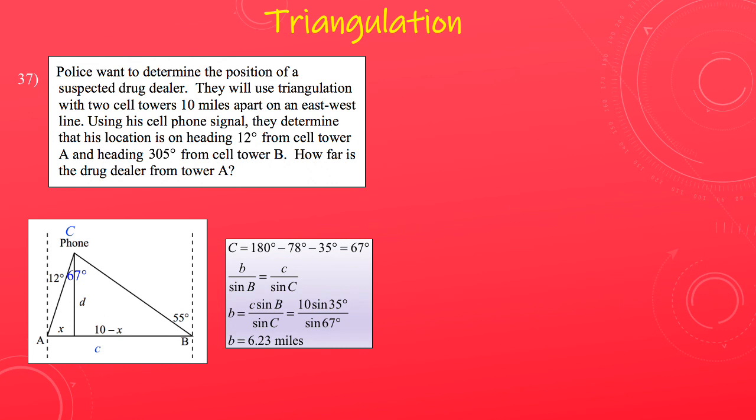Little b over sine B is equal to little c over sine C. And we want to find little b, the distance from the cell tower A to the phone. Little b is equal to c sine B over sine C, or 10 sine 35 degrees divided by sine 67, and we get b equal to 6.23 miles.